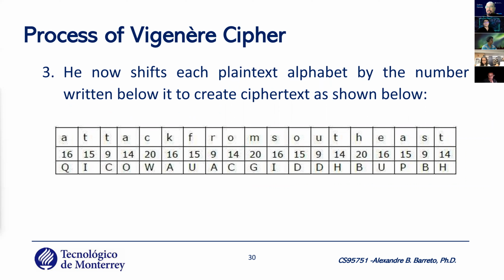It's like, again, each letter is new. For example, the key is POINT, P-O-I-N-T. You use the first letter, you use the alphabet of the P key.